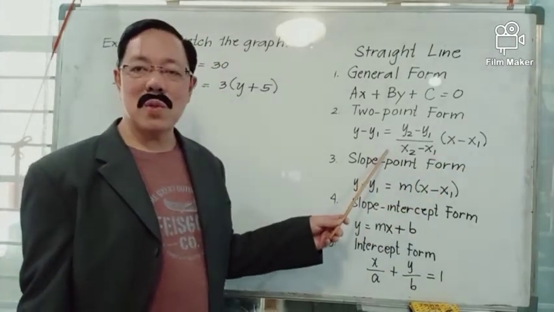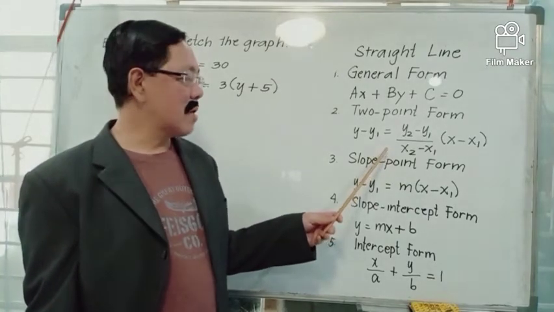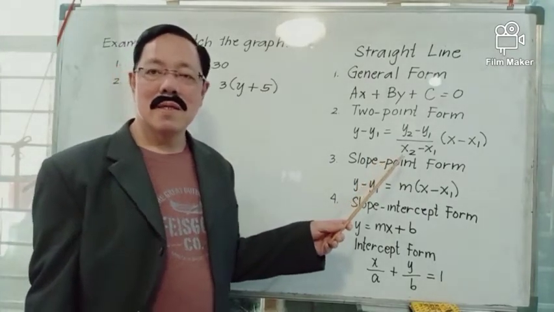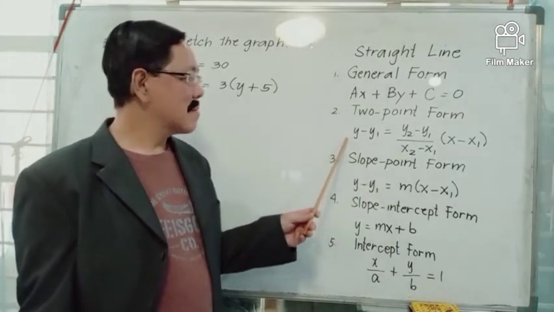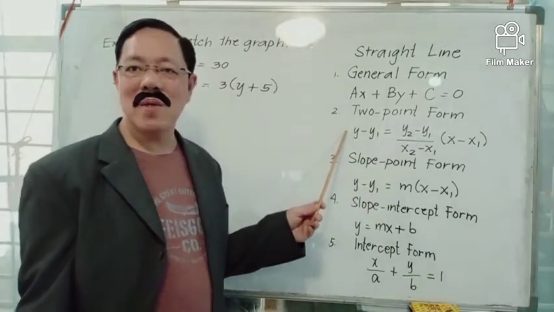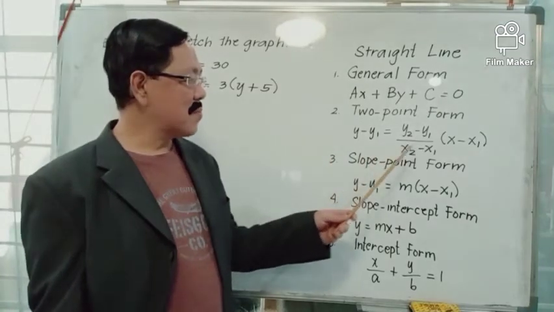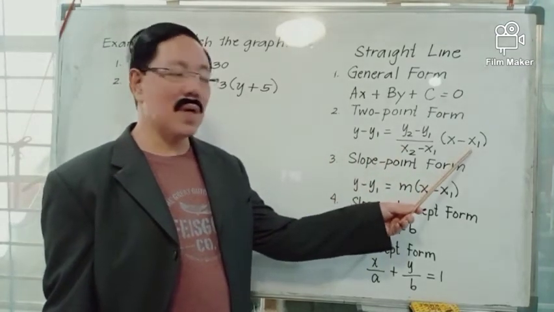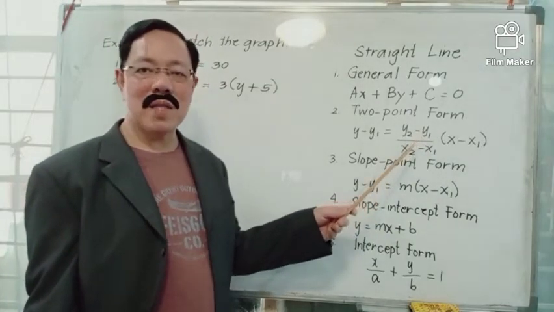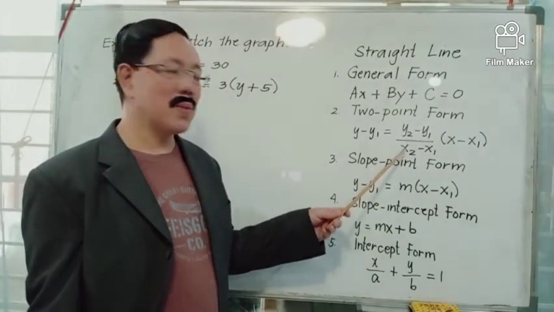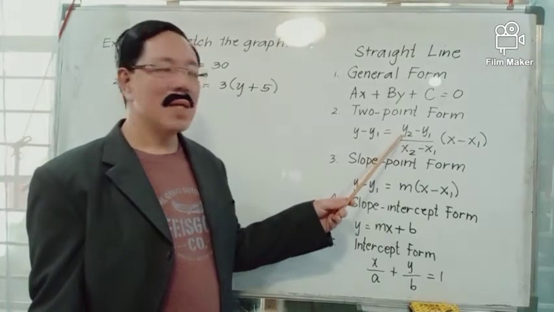This is called a two-point form because 2 points are given. 2 points are needed to write the equation of a linear equation in two variables in two-point form. The first point has coordinates x1 and y1. The second point has coordinates x2 and y2.